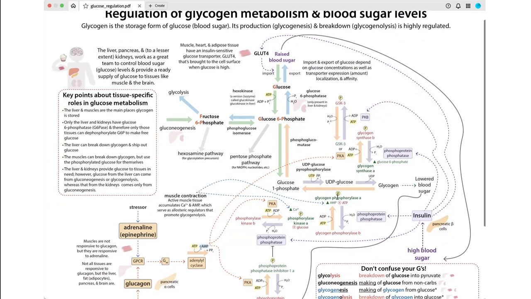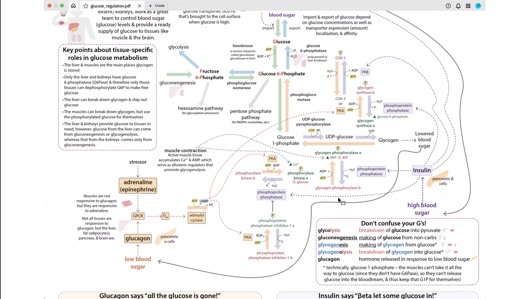Now, what if we want to basically release glucose? So either we want to release glucose 6-phosphate to use as energy in our cells, in the muscle case, or to actually release free glucose into the body, into the bloodstream, like we have in our liver case.